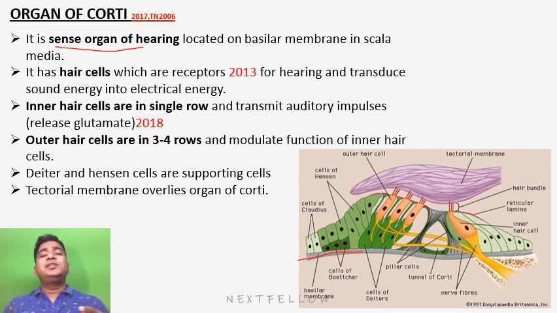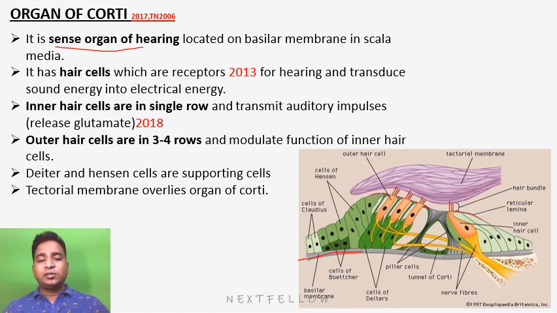So sound energy is converted into electrical energy by means of the inner hair cells. The outer hair cells' role is to modulate or manage the function of the inner hair cells. So the transduction is by means of the inner hair cells, whereas the outer hair cells just modulate the function of the inner hair cells.